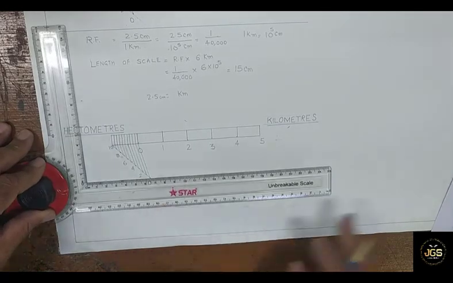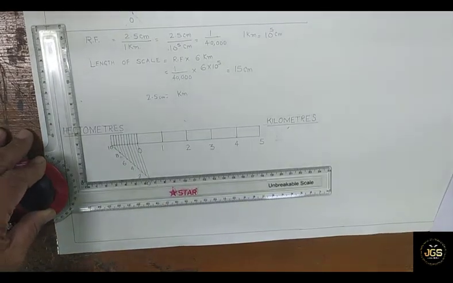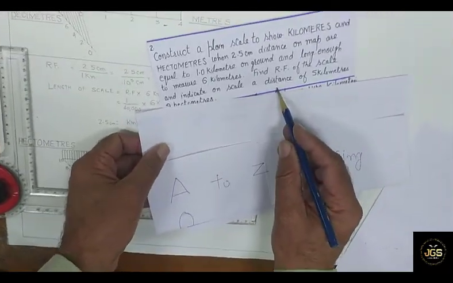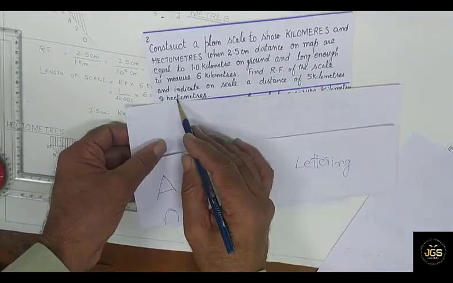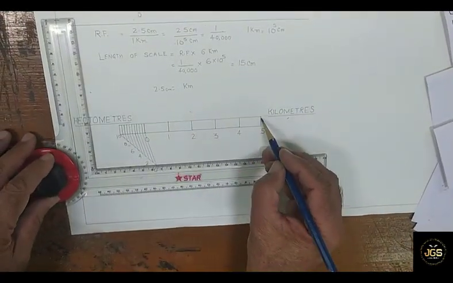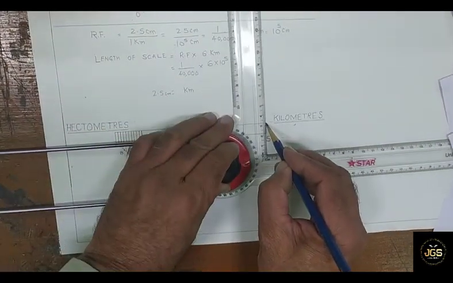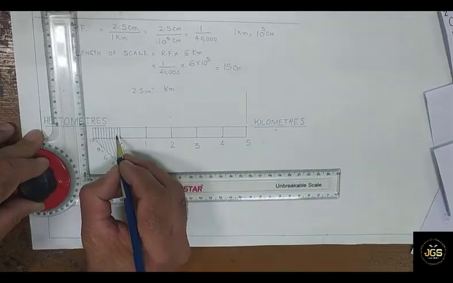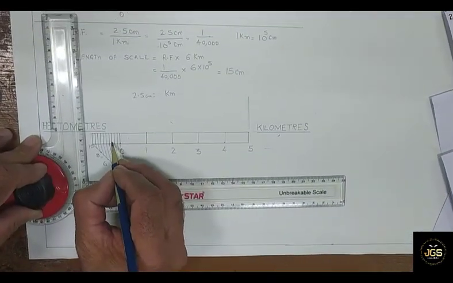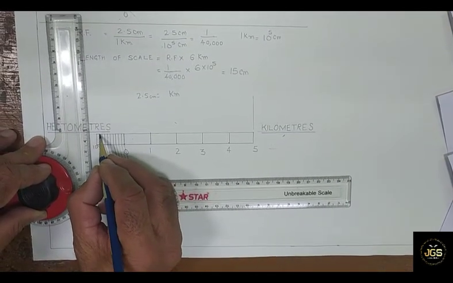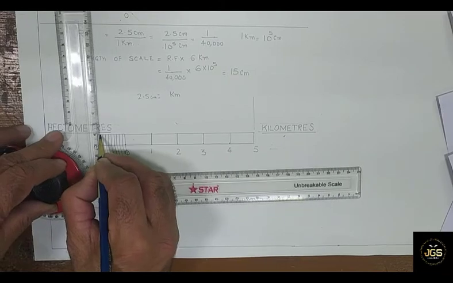So you have to show a distance as per the question. This distance is given as on the scale a distance of 5 kilometer and 9 hectometers. So clearly 0 to the right hand side, these are the 5 kilometers. You take the line from here. Then 9. So this is 1, 2, 3, 4, 5, 6, 7, 8, 9. From this 9th division, you take this line over here.